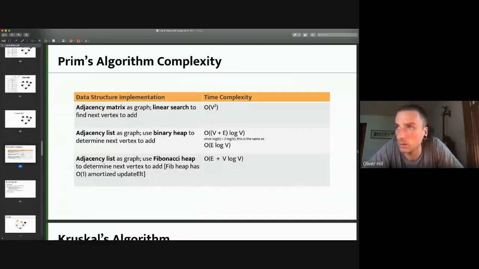Eleanor, are you still there? Yes, okay, great, sorry. Mainly about how the complexity changes with a binary or Fibonacci heap.